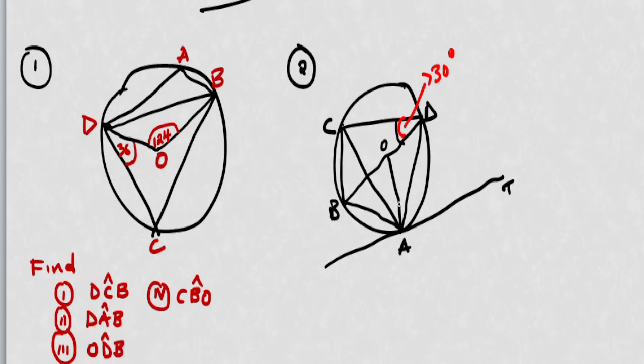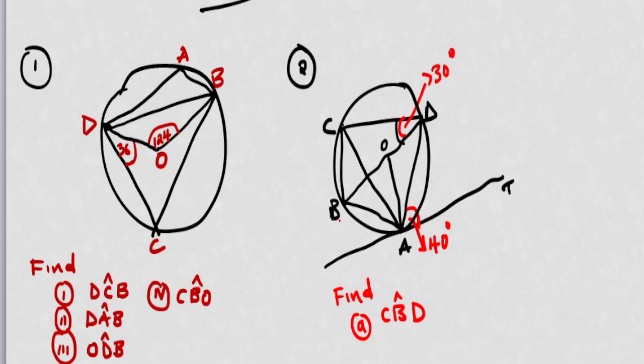Then let me say there's an angle here, and that angle is 40 degrees. Then the question: for part A, you find angle CBD. Where is C?